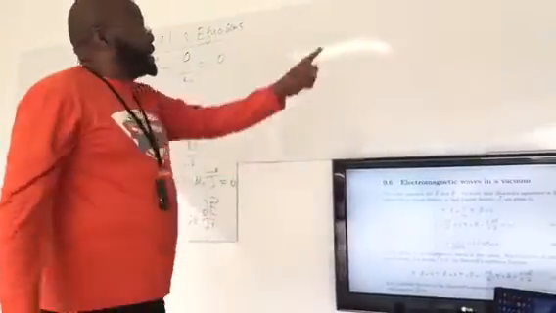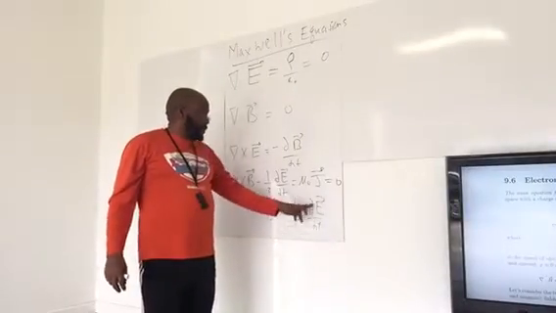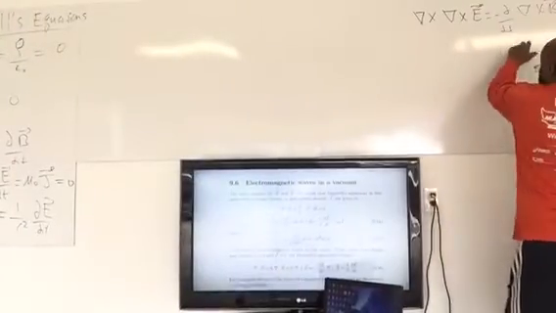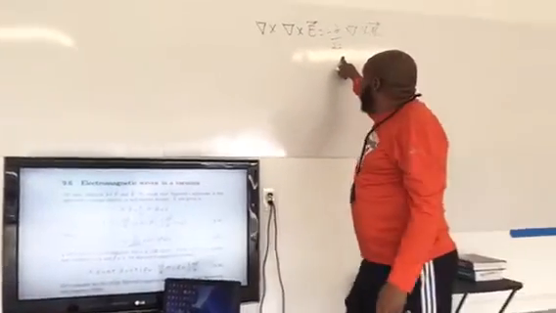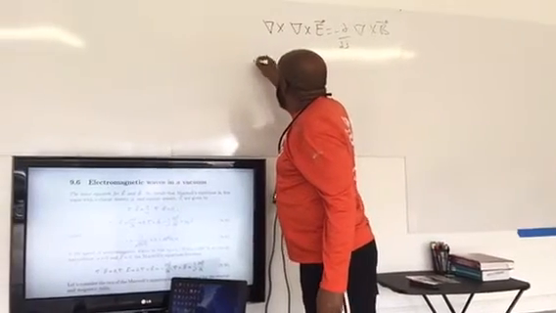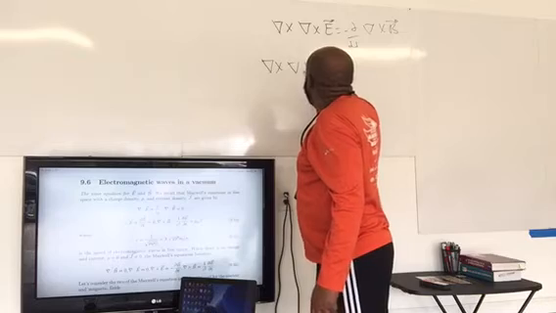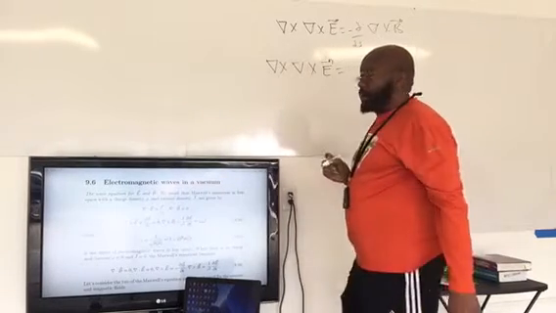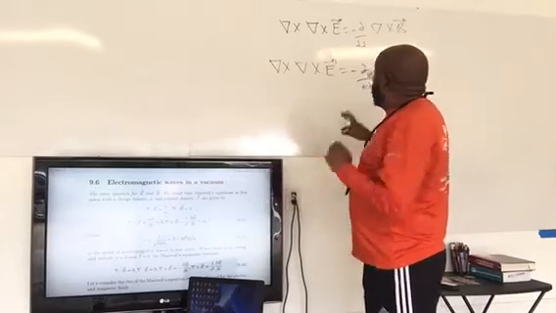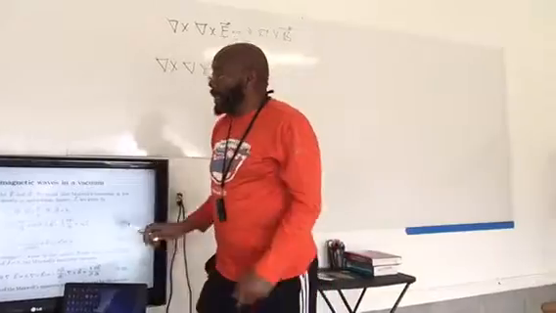Now, if I substitute curl of B, which is 1 over c squared dE by dt, in here, we would have the curl of E equals to minus d by dt. Instead of curl of B, I use what I have over here.